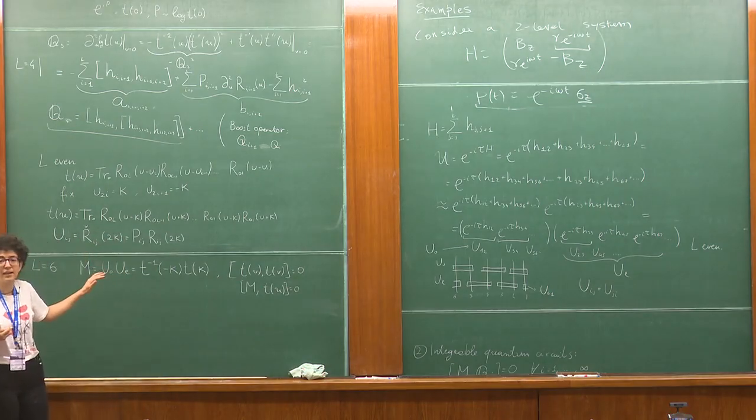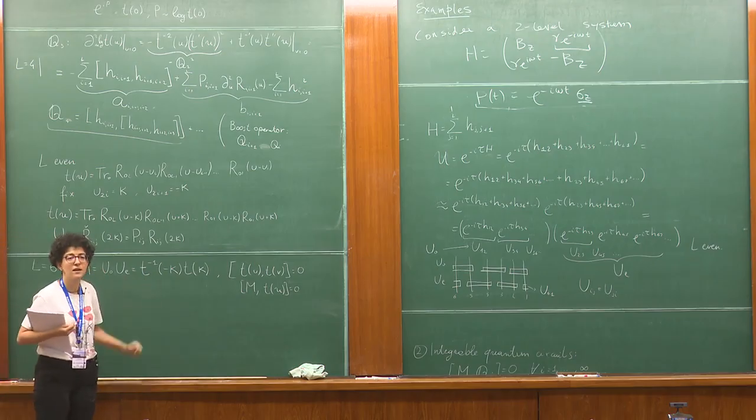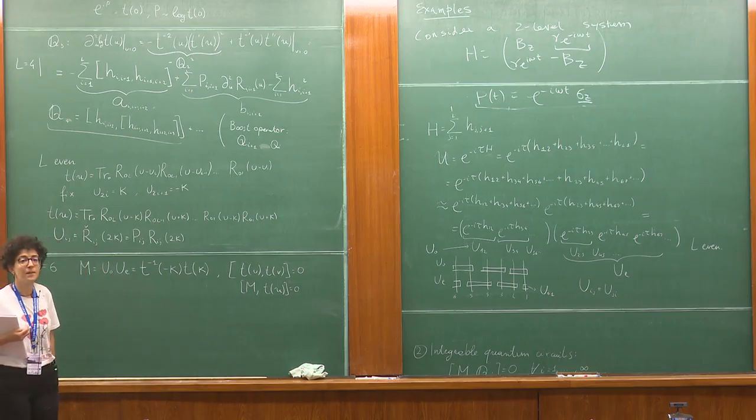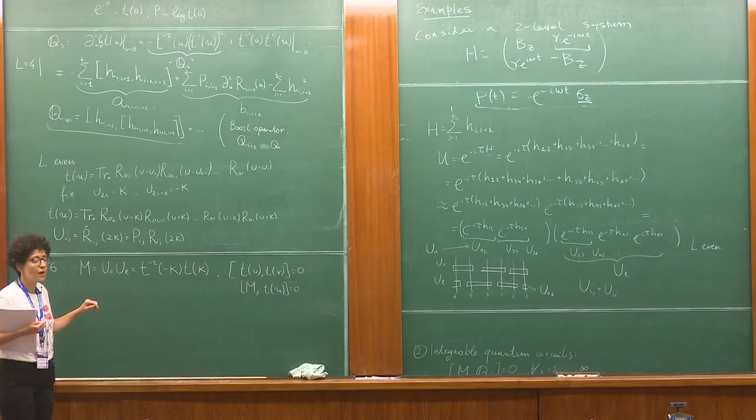Is the logic clear? It's a matter of computation on how to get it. Why does U_ij have to be P_ij R_ij? Why the equality? Okay, so this I will take as a definition of my dynamics. I will take the R matrix that we had.